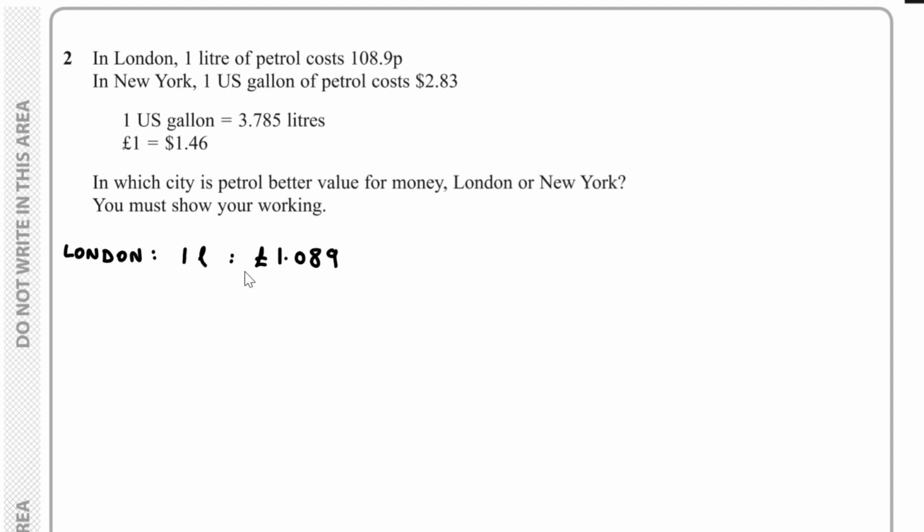And if we find out what the equivalent is in dollars, of course, using this ratio, we need to divide by 1.46. Rather, we need to times by 1.46. So if I times by 1.46, this will convert the pounds into dollars.